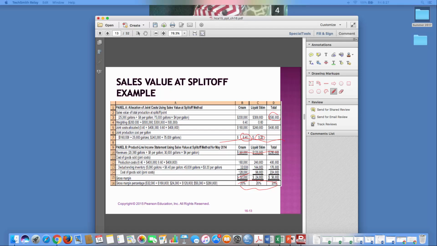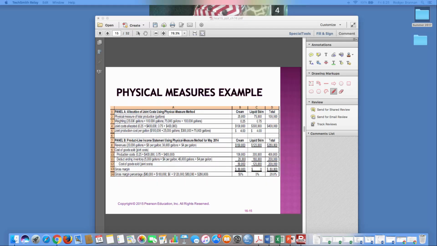But, all right, physical measures, as I said, 25-75% split. 100,000 goes to cream, 300,000 goes to liquid skim, divided by the total production, and you get these costs per unit. Again, sort of accidental that they both have the same cost per unit. And then pull down, the sales are going to be the same no matter which method I use.